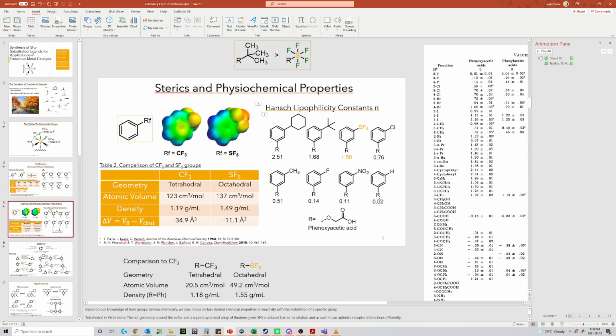And this equilibrium is basically measured in the concentration of the substrate in octanol versus water. So they prepare these compounds in a solution of octanol and water, and as more of the compound dissolves into octanol, you have a higher lipophilicity constant based on that equilibrium. Okay, I see. Thanks. Yeah, you're welcome. That's good.